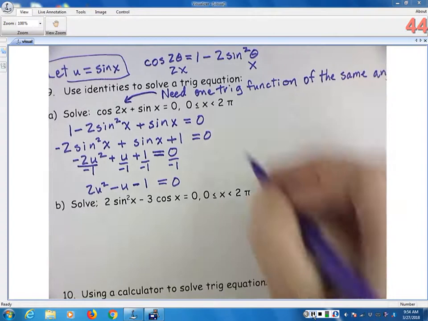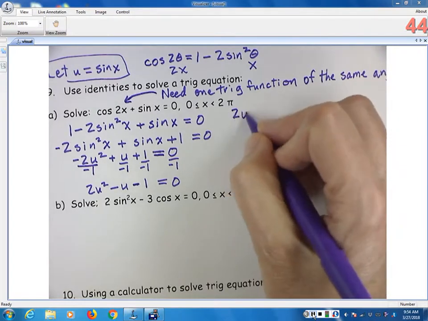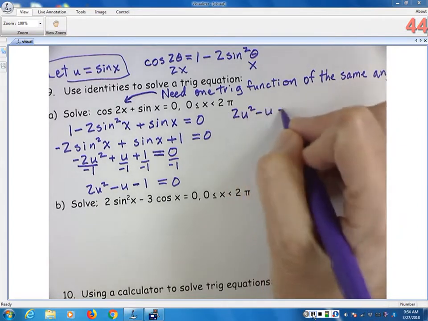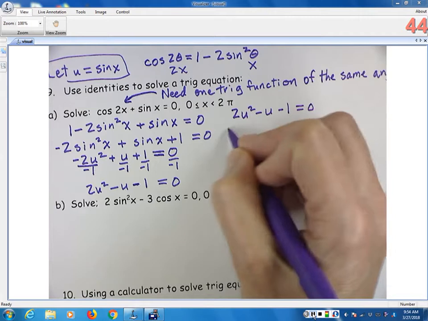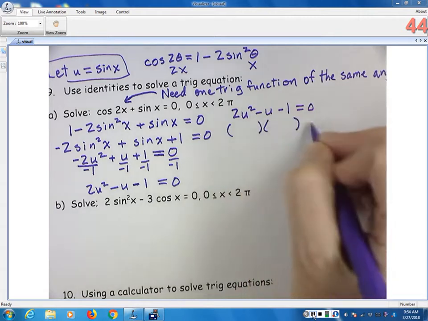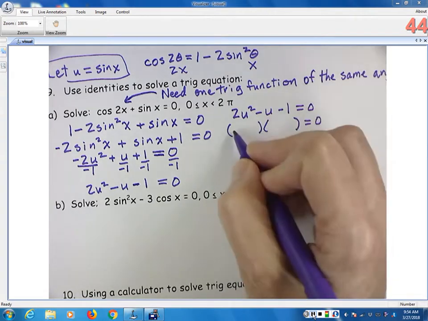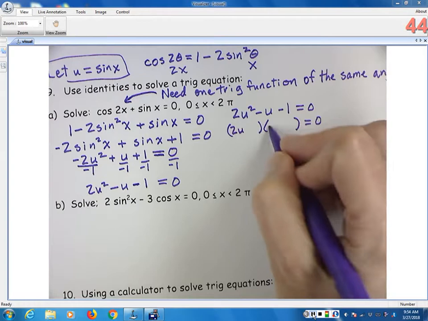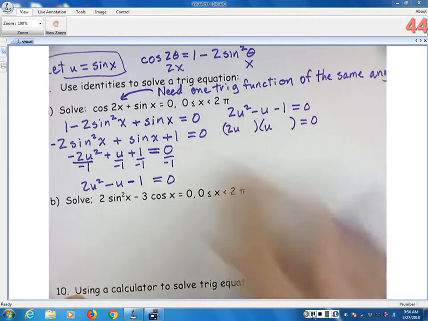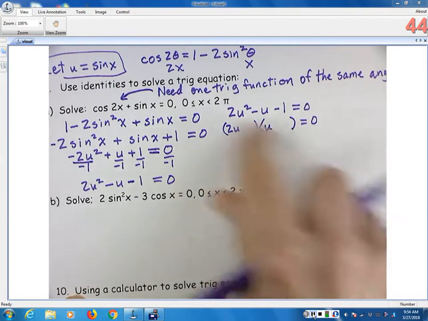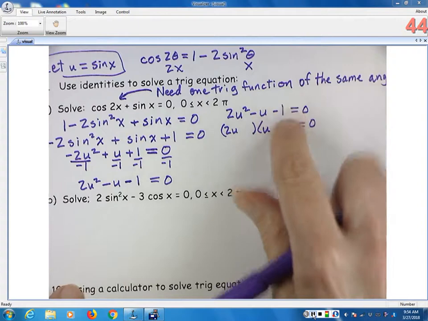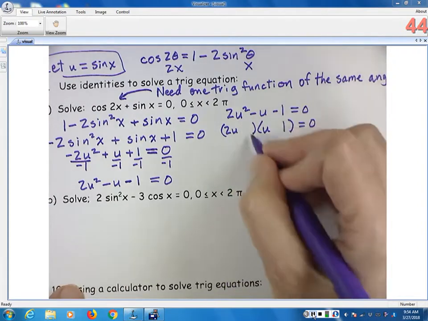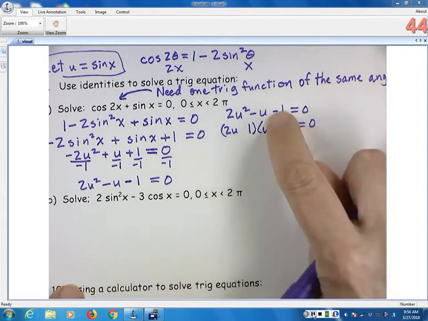So I'm going to rewrite it up here. Then we're going to factor. It's going to be 2u and u to get the first term. 2u times u is 2u squared. It's going to be a 1 and a 1, and the signs have to be opposite signs because it's negative.